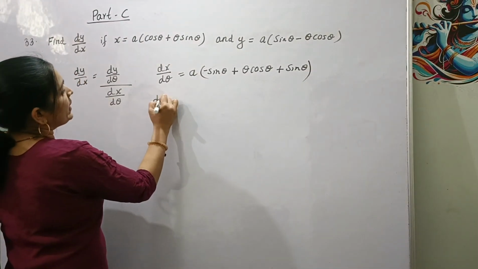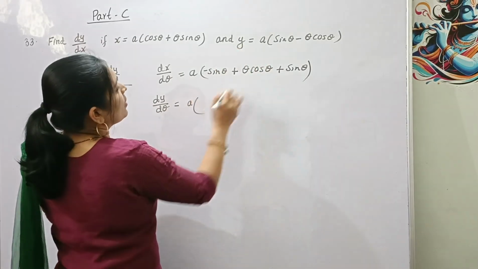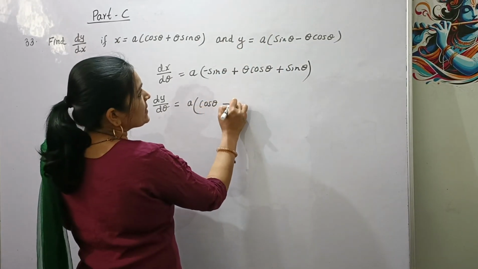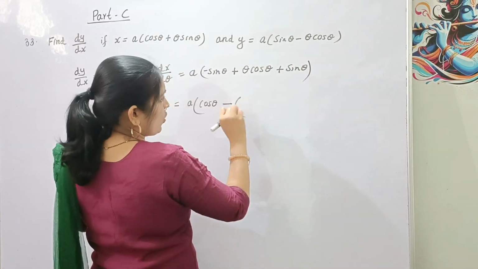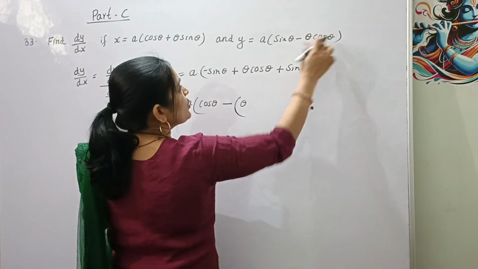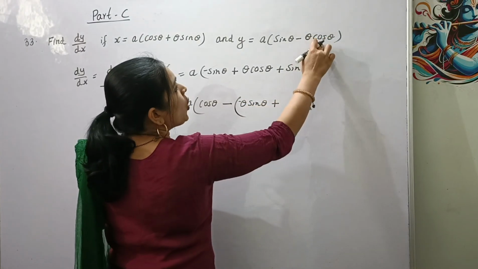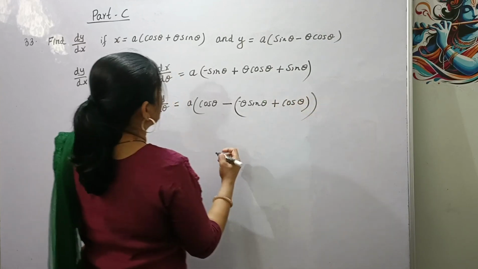Next, dy by d theta. A into the derivative of sin theta minus theta cos theta. Here apply the product rule. First function, that is minus of theta into the derivative of cos theta, that is minus sin theta, plus cos theta into the derivative of theta, that is 1.